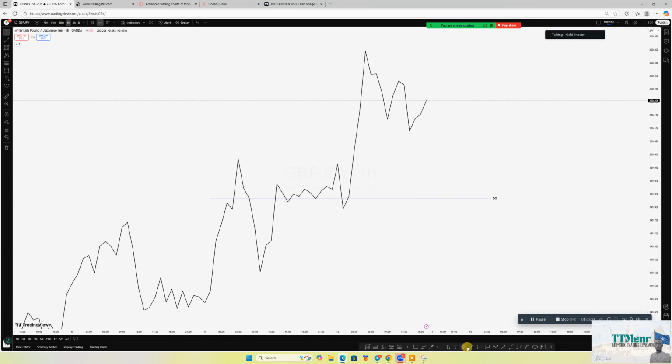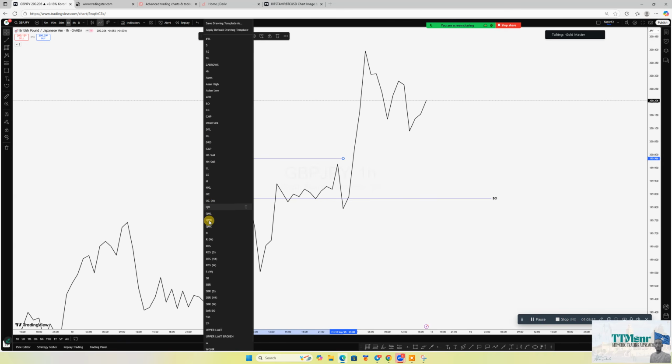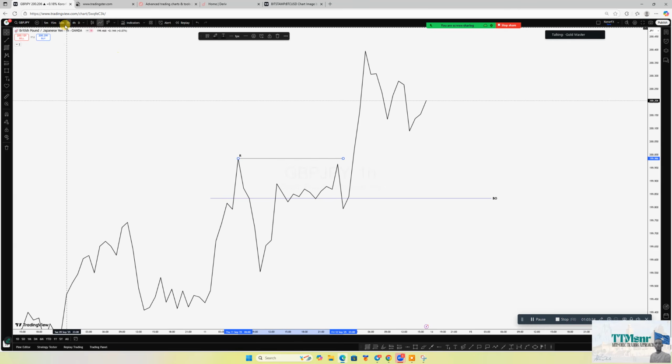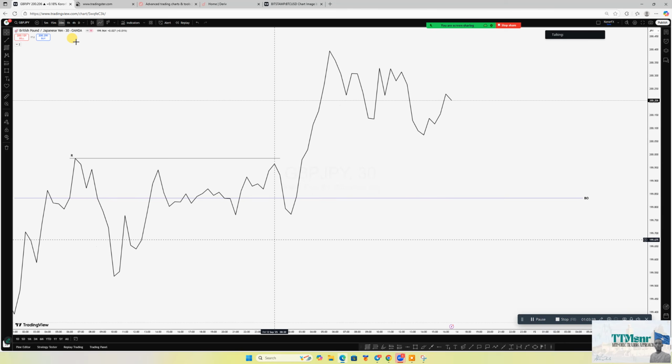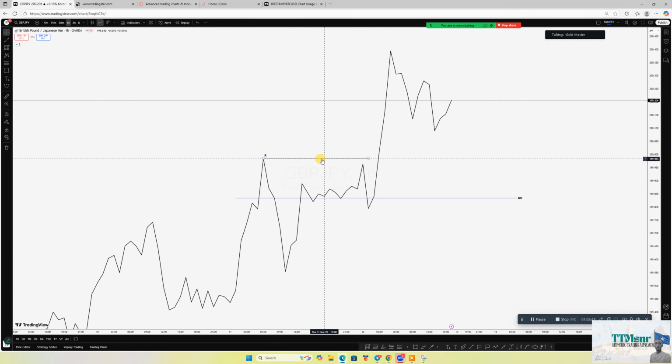I see only a resistance right there on 1 hour, but not that clear. If I go 30 minutes, okay, sorry, I got another resistance here on the daily. At 1 hour there is a resistance and there is another resistance.